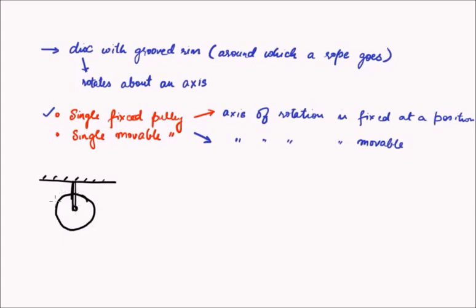So this disc rotates about this fixed point, this axis, and since this axis is fixed, as it is directly attached to the rigid support, this pulley is an example of single fixed pulley.